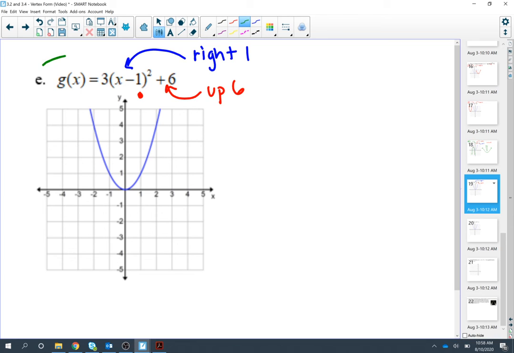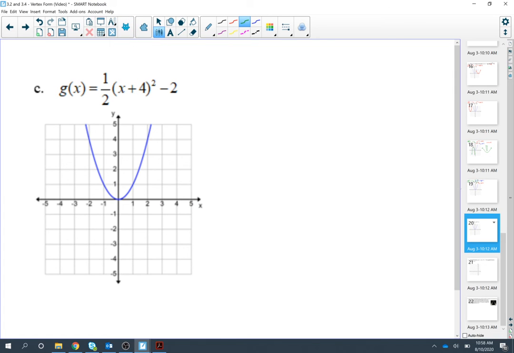Then from there, over 1, up 3. So try your best here. Over 1, up 1, 2, 3. Over 1, up 1, 2, 3. And then your parabola will actually be sitting way up here off the graph.